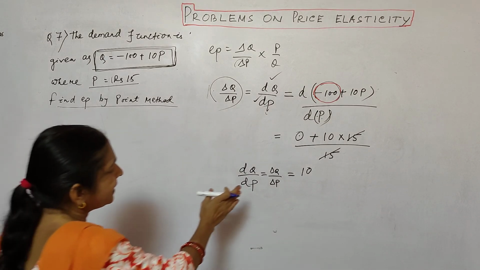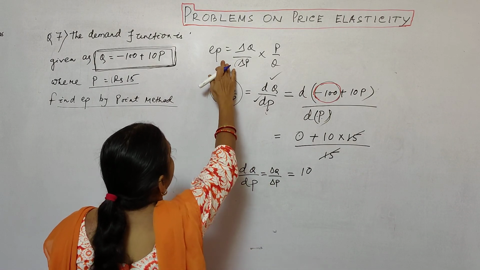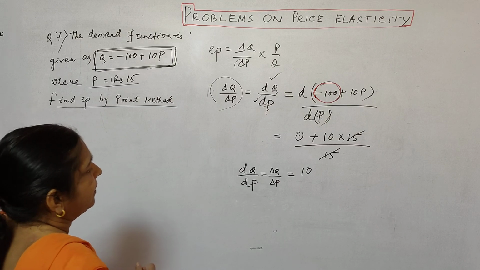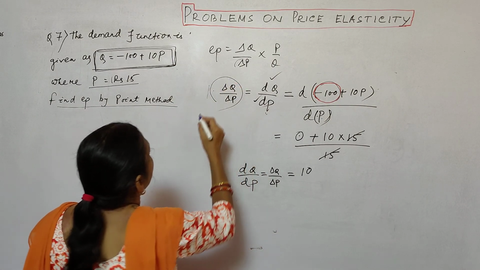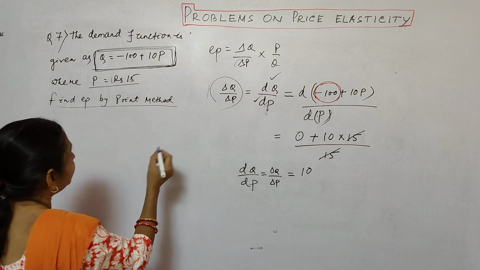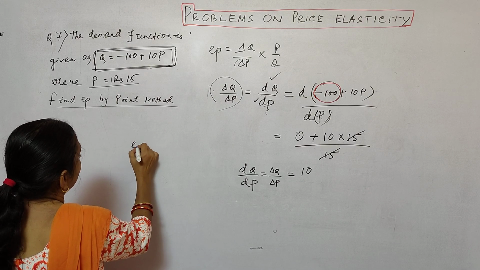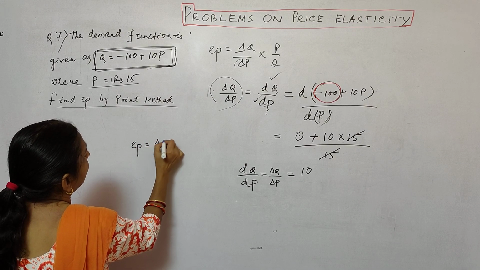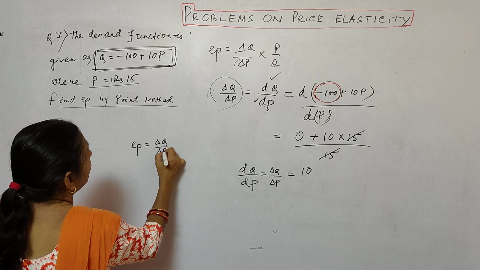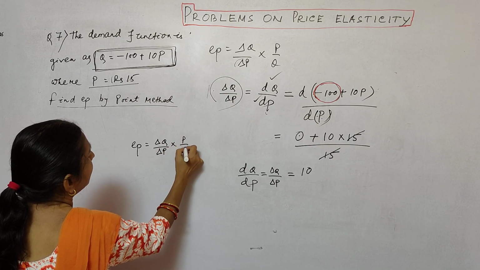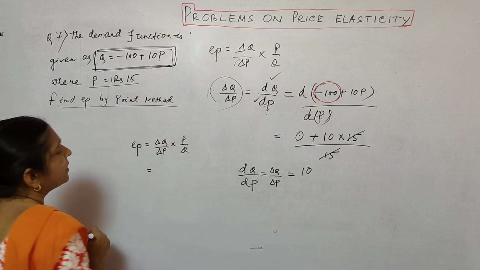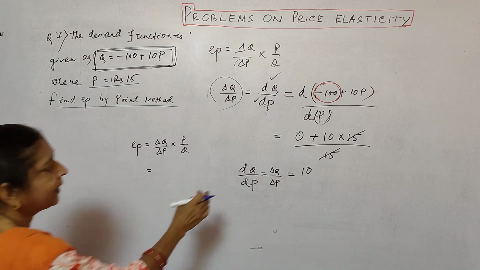Now with this information, we will find out the value of EP. Friends, you see here, EP equal to delta Q by delta P into P by Q. Now, what is the value of delta Q by delta P?